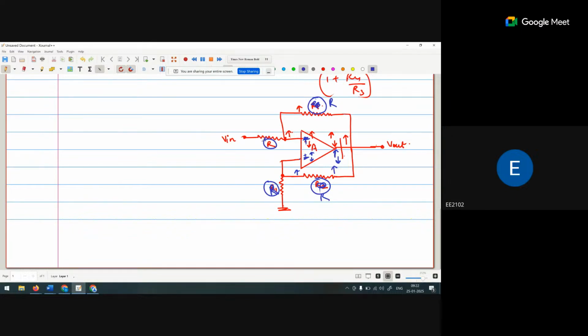The problem arises when the values of R are different. Any doubt? No, sir.